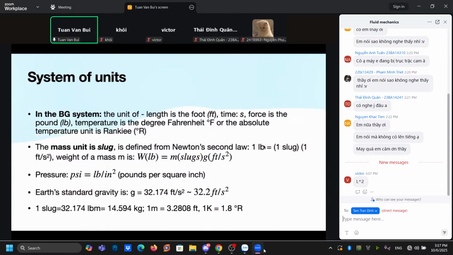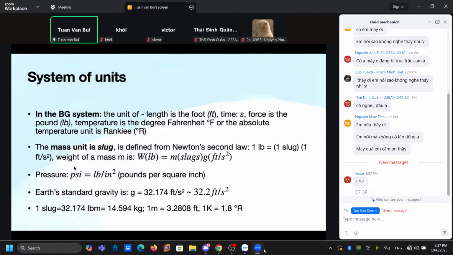In the BG system, 1 pound equals 1 slug times 1 foot per second squared. And the weight of the mass is also in pounds, because weight equals the mass multiplied by gravitational acceleration, mg.